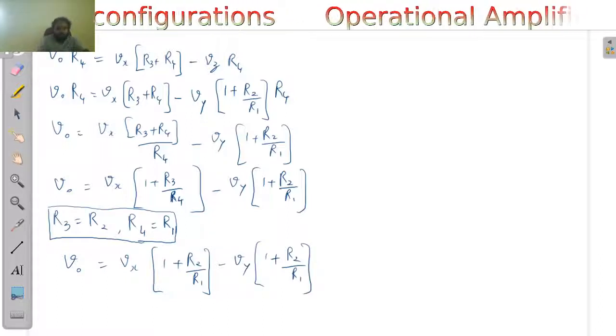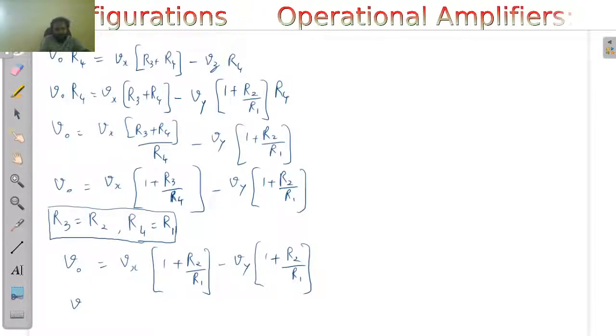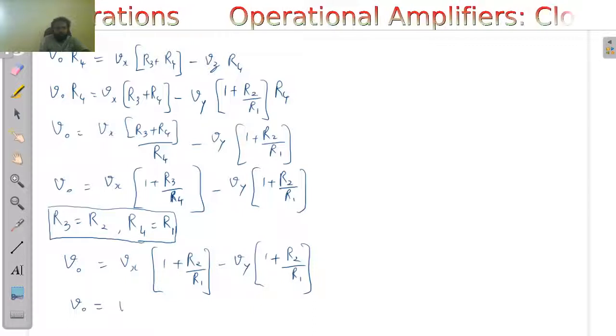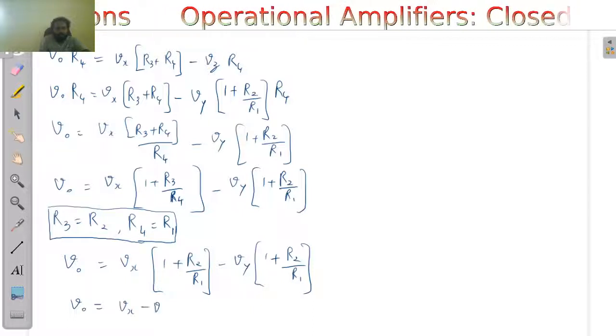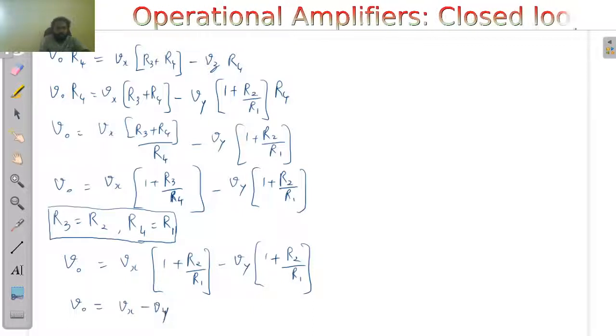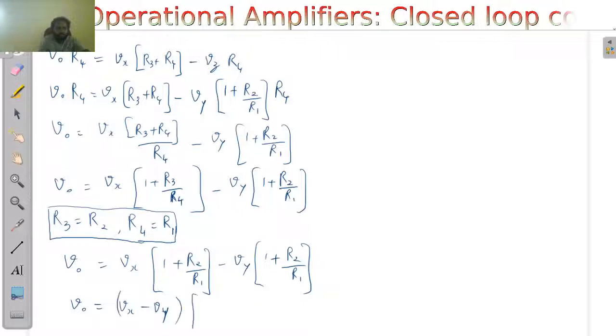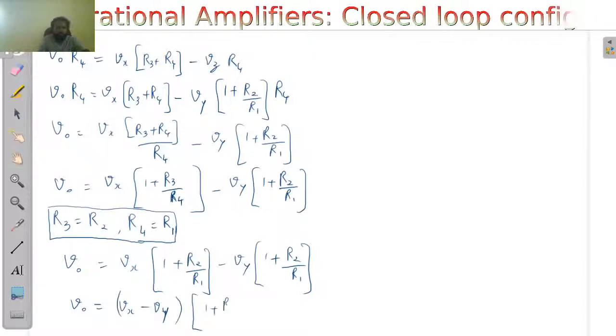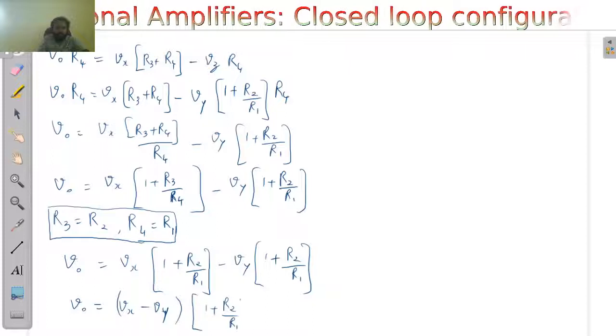So Vo equals Vx minus Vy times 1 plus R2 by R1.